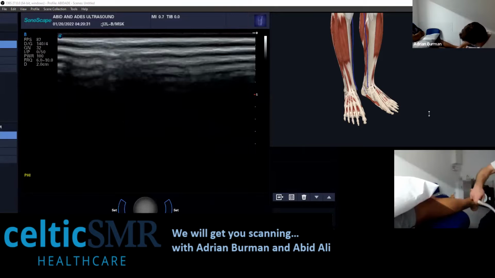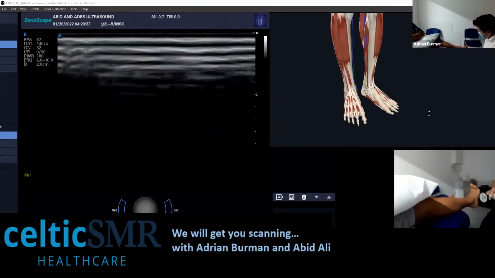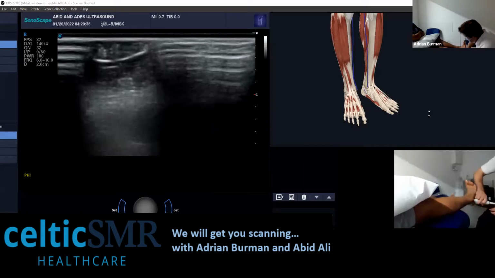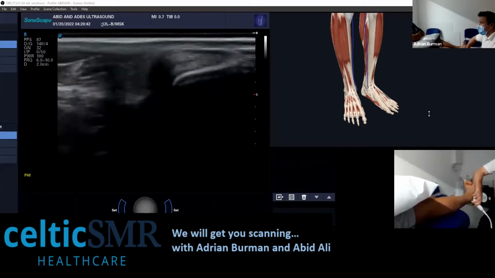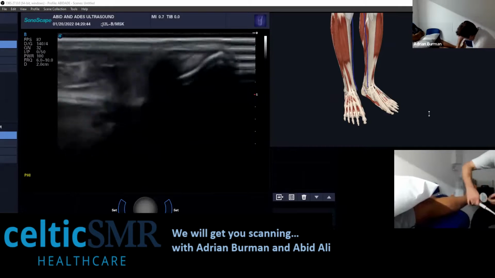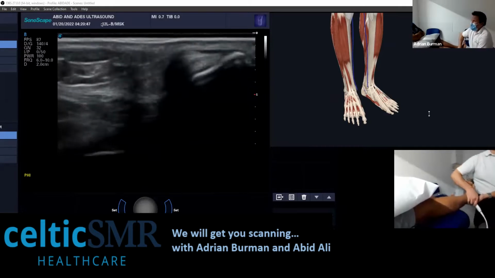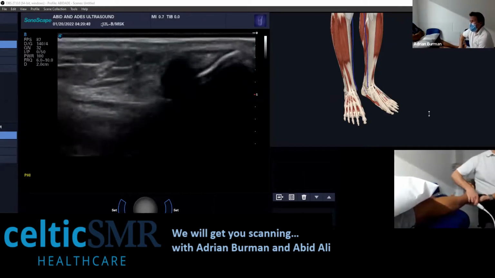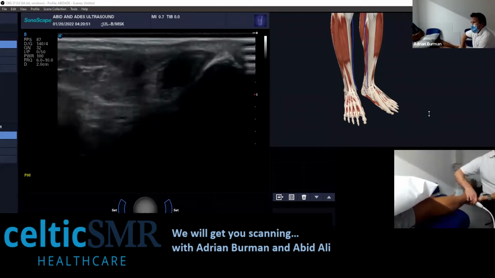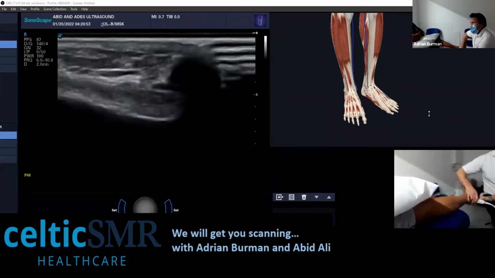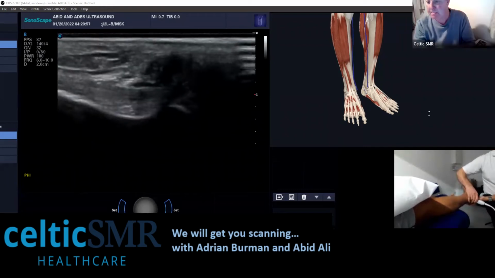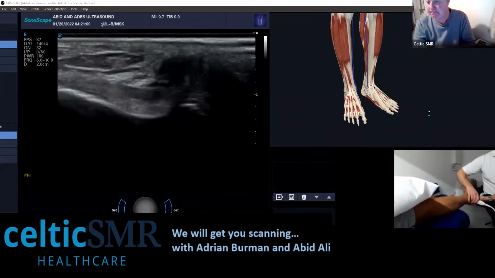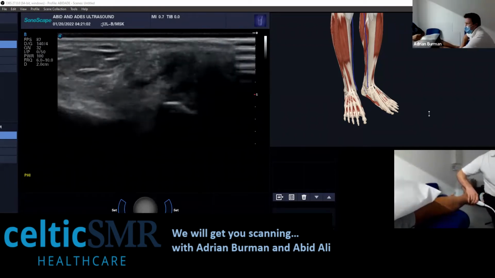So that's the CFL. So the CFL, yes, dorsiflex. Basically, I don't usually have you in this position, but it's a bit awkward. That's the CFL. So there are the peroneal tendons.